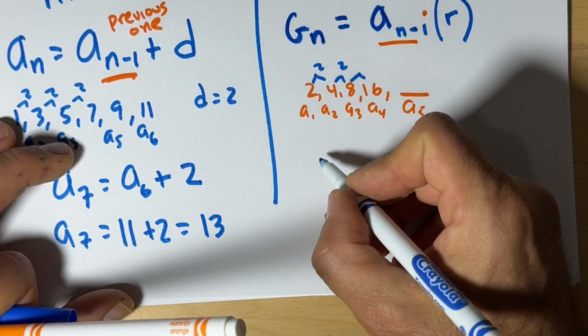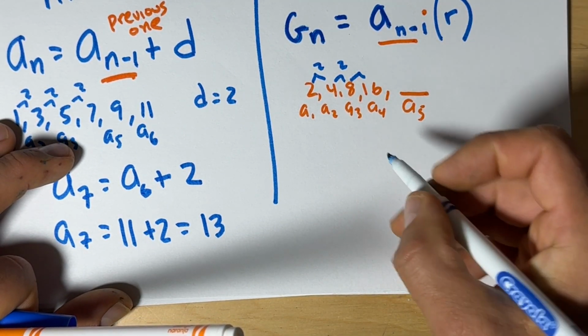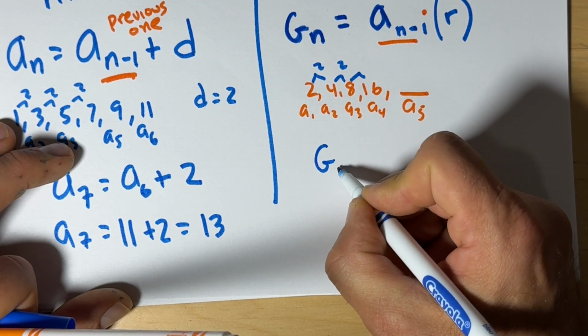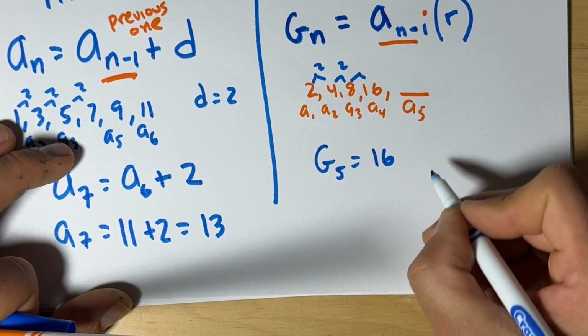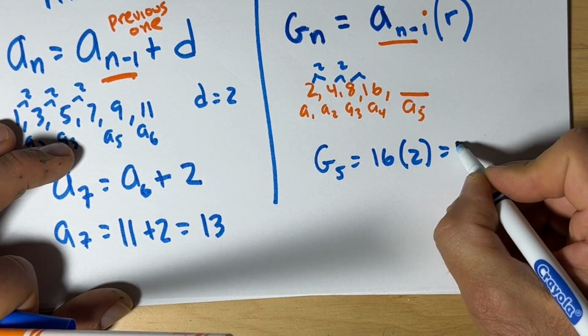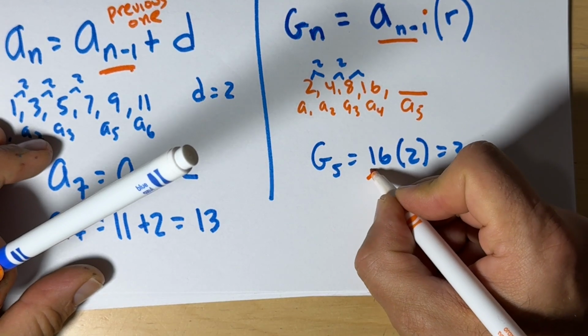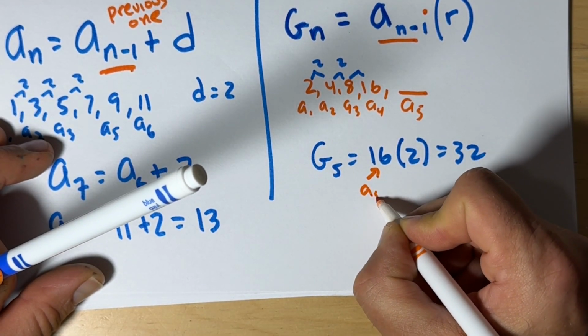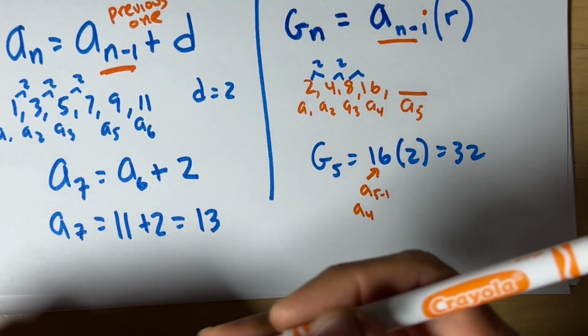And that's all this means. Use the one before it times whatever the ratio we keep multiplying. So g sub 5 means we take the one before it, 16, times 2, or 32. This one here is the one before it, or a sub 5 minus 1, which is a sub 4, or the fourth term.